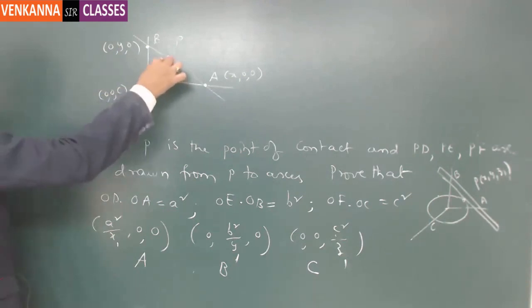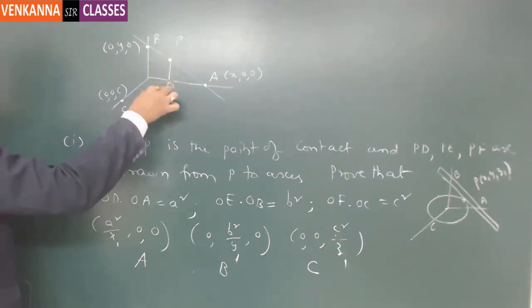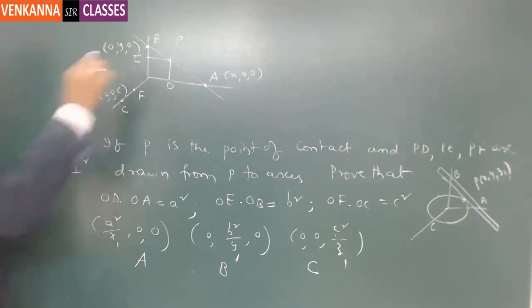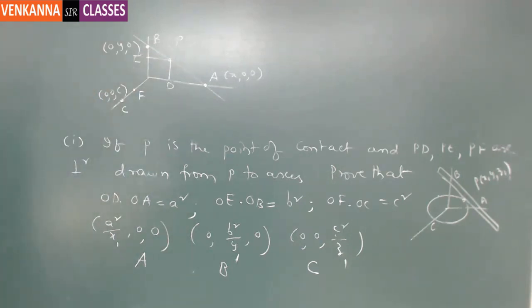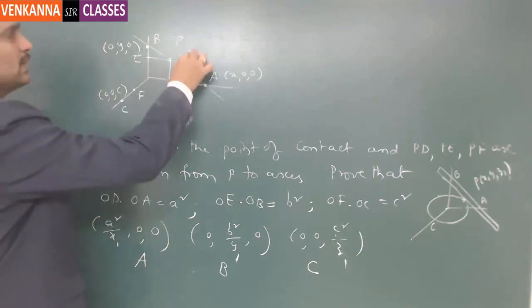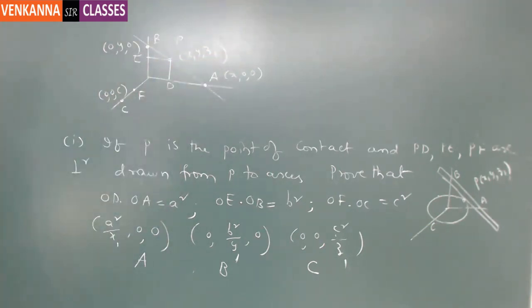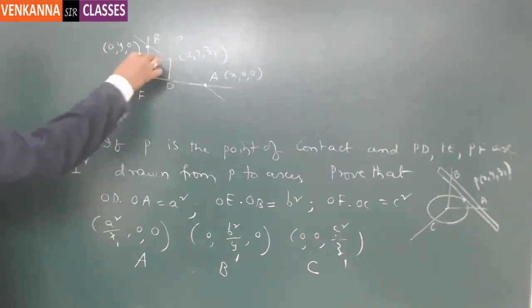And from this P, you have taken perpendicular D, perpendicular E. Here you have perpendicular F. And I am taking x1, y1, z1 as the coordinates of P. Are you visualizing that? PD, PE, PF.